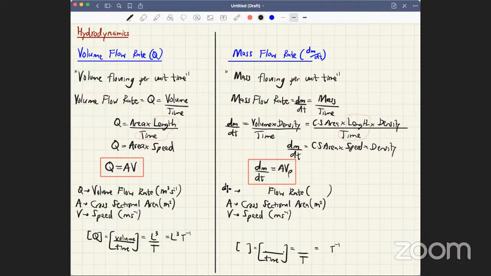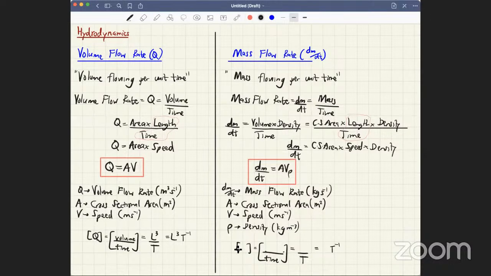dm over dt is the mass flow rate. What is going to be the SI unit of mass flow rate? It's going to be kilogram per second, right? Kilogram per second. And one more quantity must be defined additionally, that is density: kilogram per meter cube.